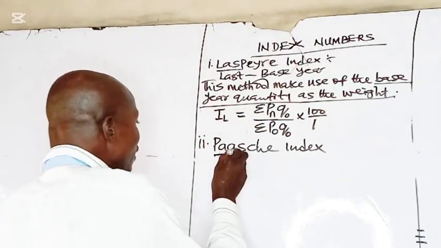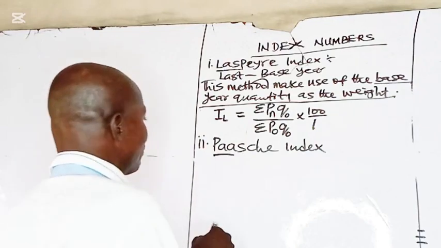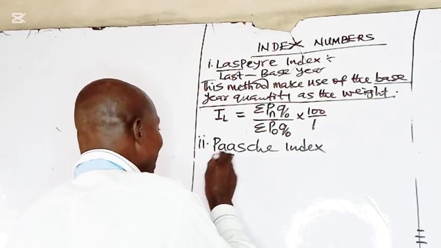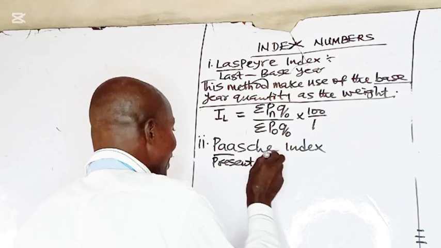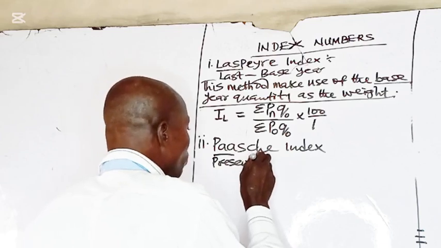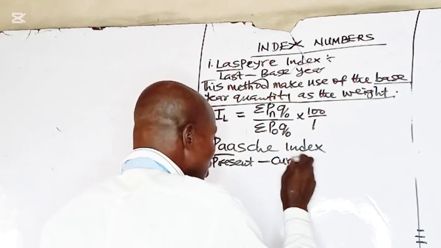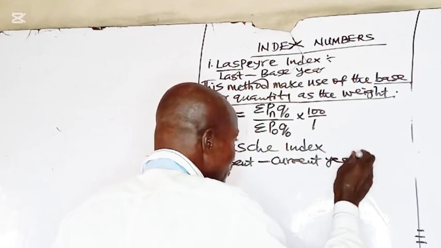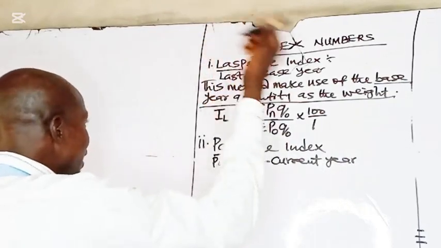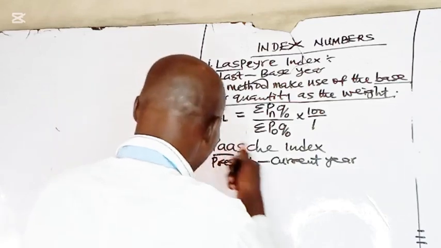This Paasche is from the word present year, which is talking about the current year. I've told you the Laspeyres is talking about last year, while Paasche is from the word present.